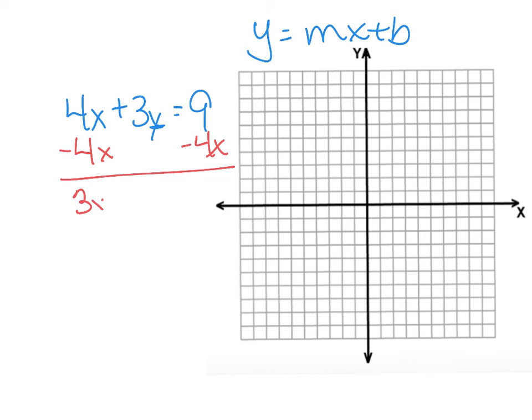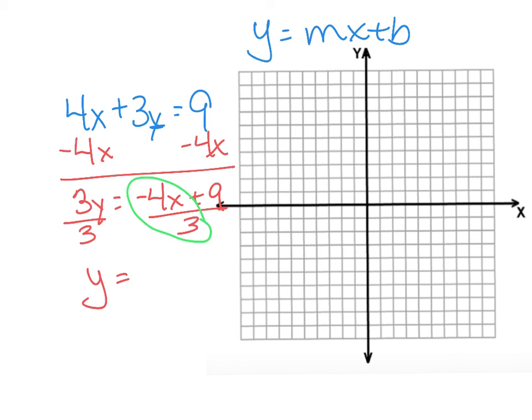Leaves me with my 3y, and again, mx plus b. But I'm not done. I'm going to divide by 3, so I get my y by itself. Y equals, start here, can't divide it evenly, so negative 4/3 x. 9 divided by 3 is 3.